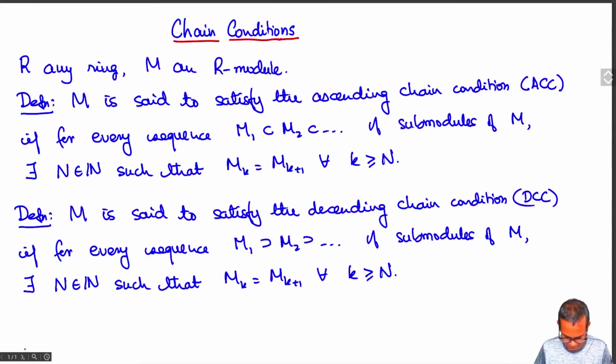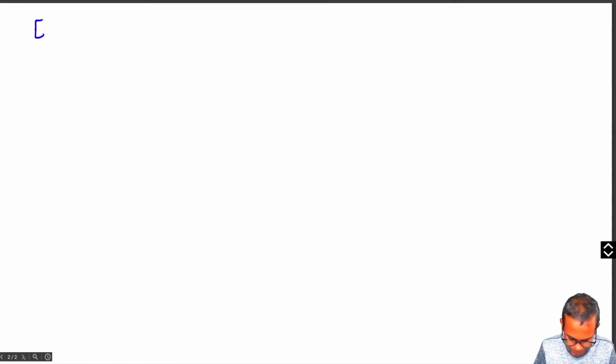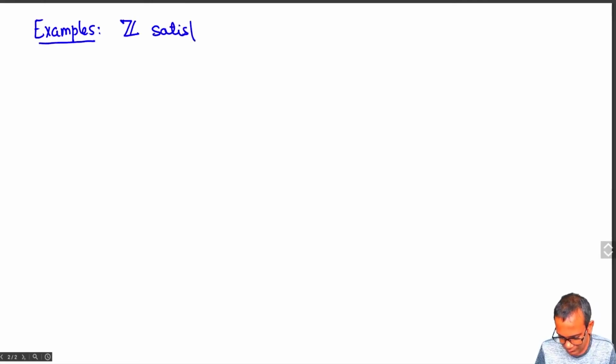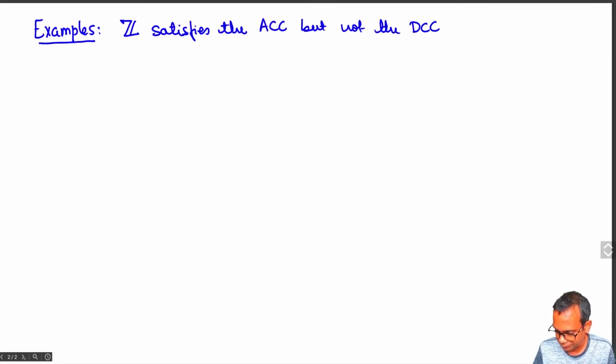Let's look at some examples. Z satisfies the ascending chain condition, but not the descending chain condition. Firstly, let's show that Z does not satisfy the descending chain condition. So I just need to find an infinite descending chain of submodules.